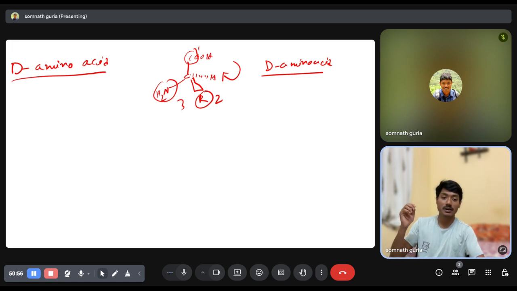If it breaks at one particular point, it easily breaks other peptide bonds somewhere else. And if it is broken down, my peptide structure is gone. Now this bacterial cell can be easily killed by our body, because we have a lot of HCl in our body, so it cannot survive over there.